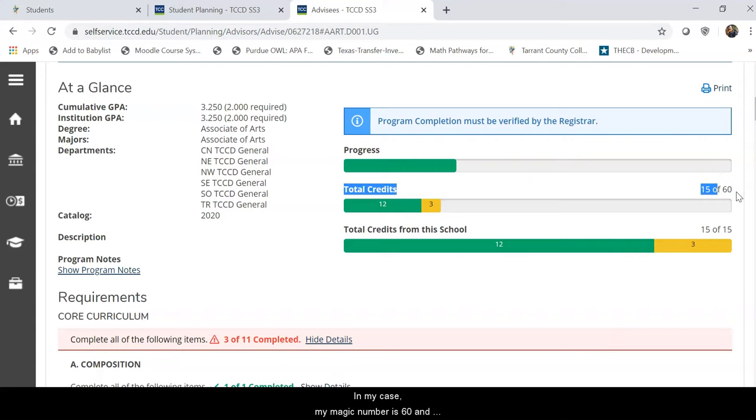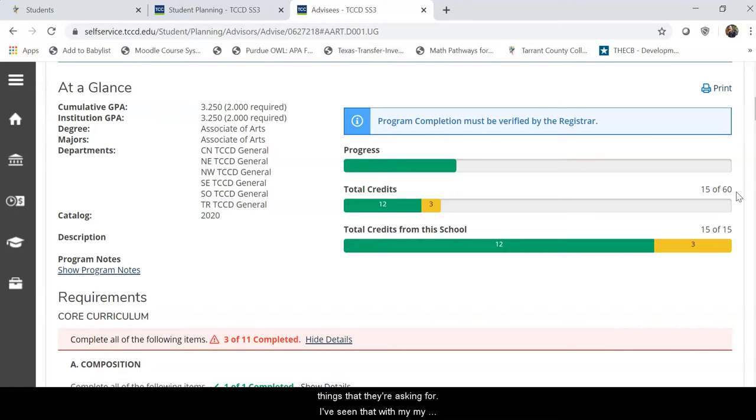So in my case, my magic number is 60, and that's the case for the bulk of our associate's degree programs. There are a few exceptions. And then also what you'll want to bear in mind is if you are planning to transfer to an area university, there could be additional courses that they are requiring that we offer, but we're not requiring for you to complete. So you could potentially go over the 60 hours if there's additional things that they're asking for.